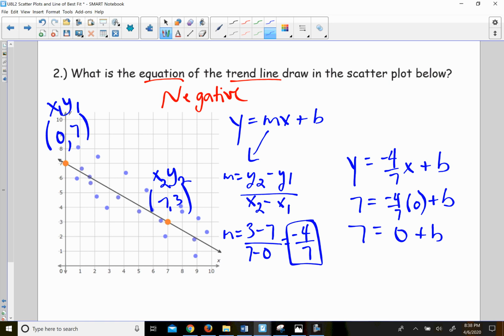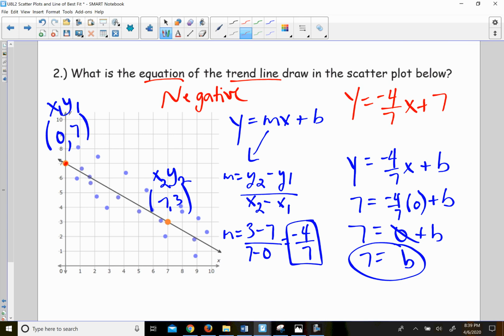Well, if I have 0, that's not really there. b equals 7. So that means my equation, y equals negative 4/7 x, that's my slope, plus the b value, which is 7. So I started at 7, and I went down 1, 2, 3, 4, right? 1, 2, 3, 4, 5, 6, 7. So there's my equation to fit this line that they drew.